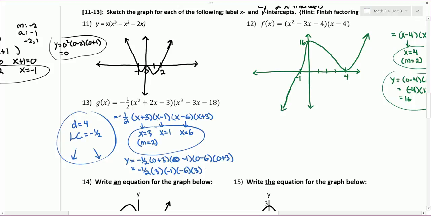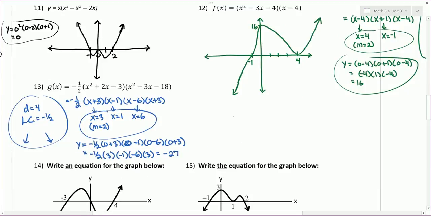And so we got 3 negatives, so it's going to end up being a negative answer. 3 times 3 is 9, and 6 divided by 2 is 3. 9 times 3 is 27, so negative 27 is our y-intercept. So that's what you should get when you multiply all that together.